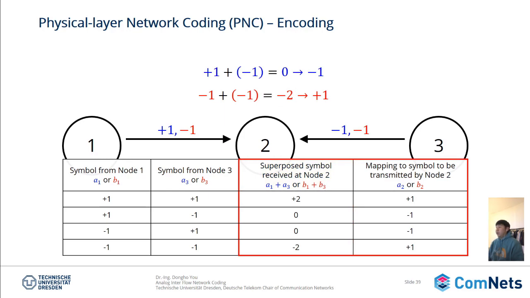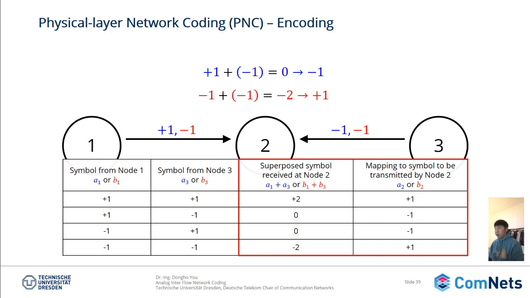After receiving the superposed symbol signals, node 2 does the remapping based on the table here. If the superposed signal is +2, it's remapped into +1. If the signal is 0, it's remapped into -1.